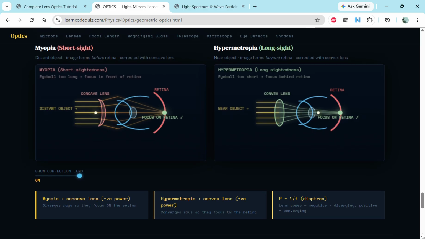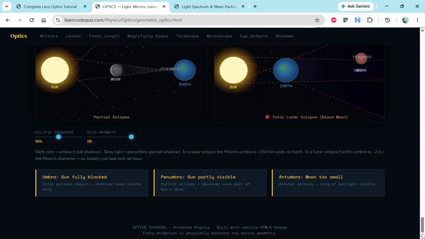So another issue that we can always look at, light in general, is a phenomenon that is associated with astronomy.